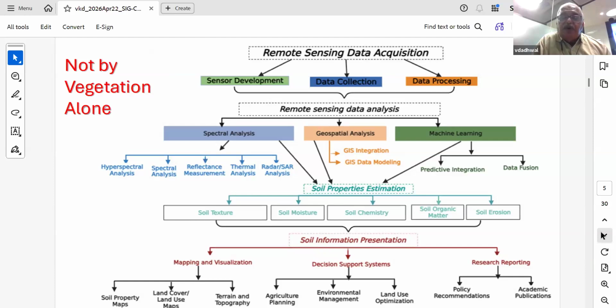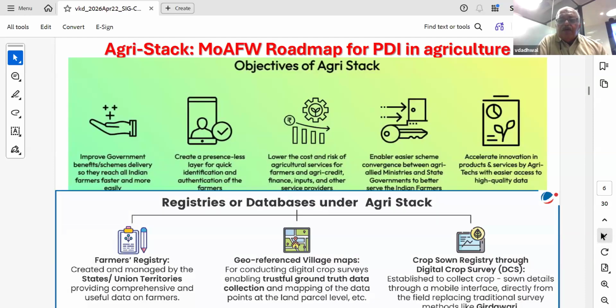Basically, when smaller particles erode, the soils become brighter. And the information on soil is also very important, whether you are doing planning, agriculture management, or making policy. So we will touch both vegetation and soils in our lecture.